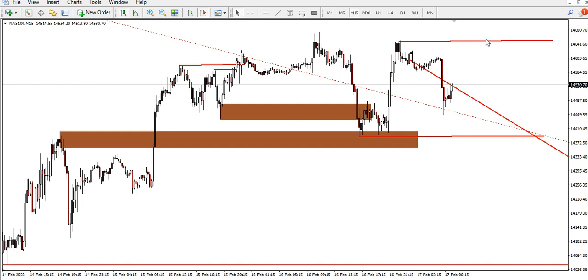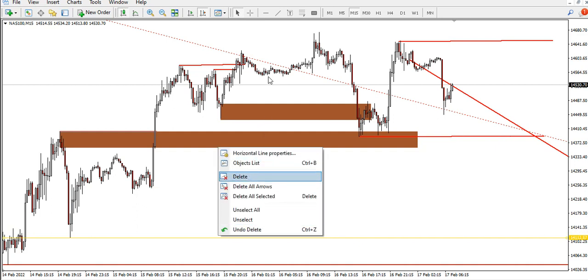If it is a continuous sell, then this would be your first entry, and this down here will be your second entry. So you have to sell big time. This will be first sell, and then second sell, and then your third sell entry will be here.